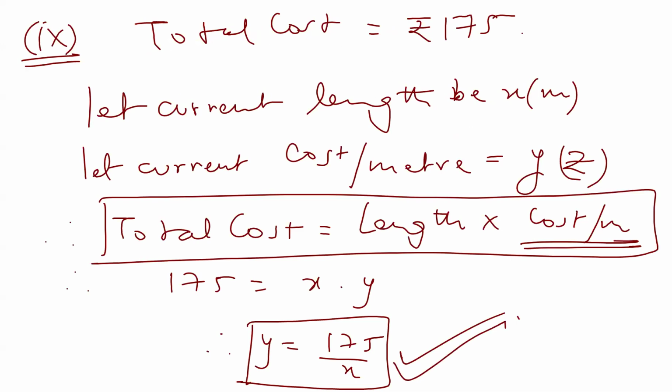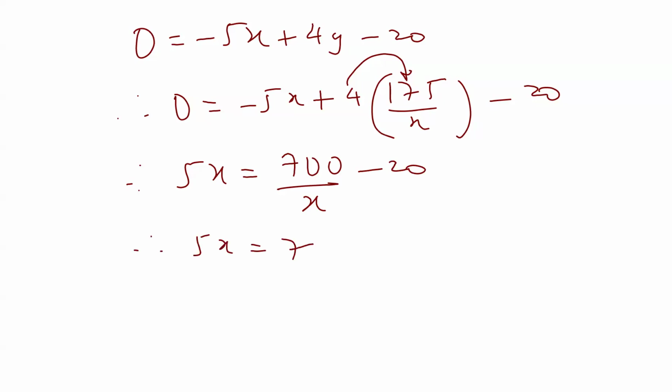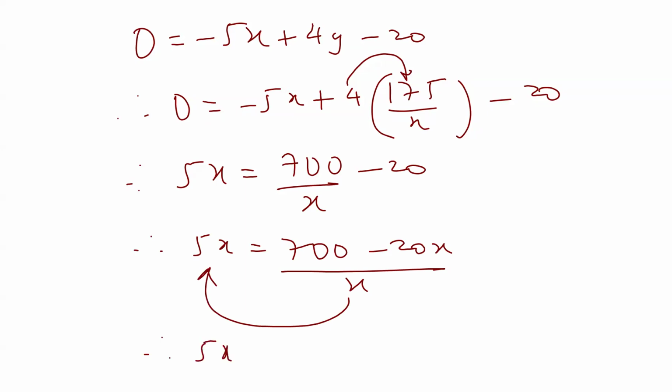So 5x is equal to 4 into 175, that is 700 upon x minus 20. Therefore, 5x is equal to, take LCM on the right hand side, minus 20x upon x. Take this x over here. 5x square is equal to 700 minus 20x.